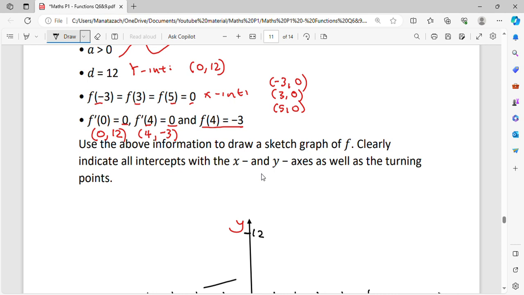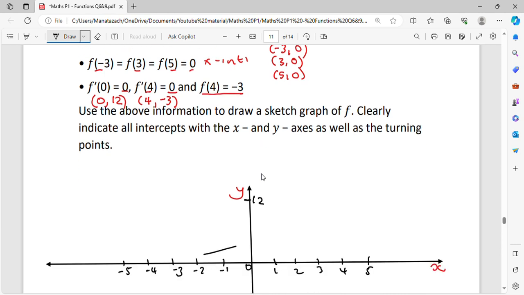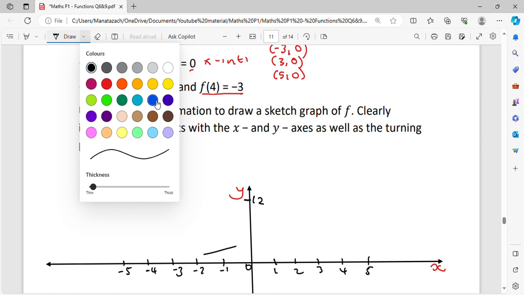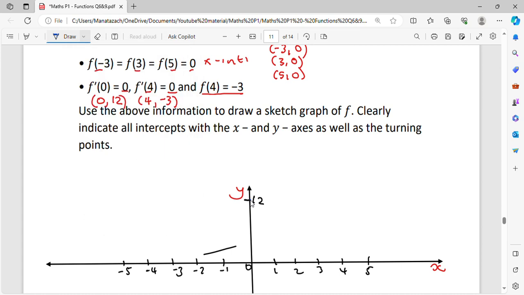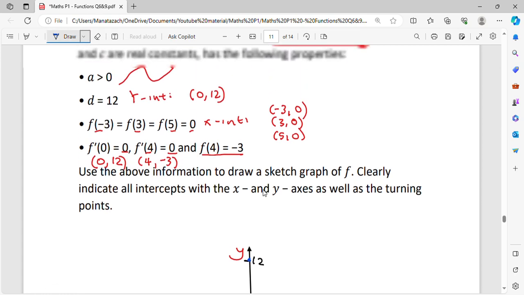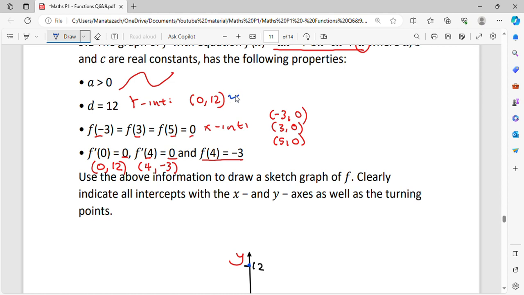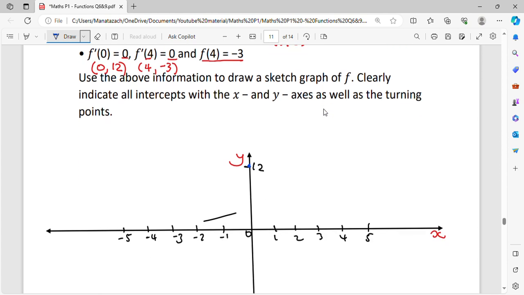Now let's label our points. Let's make a point where the graph will pass. We've got the y-intercept there at 12, right? And then we'll have an x-intercept at (-3, 0). It's a point here, (-3, 0).